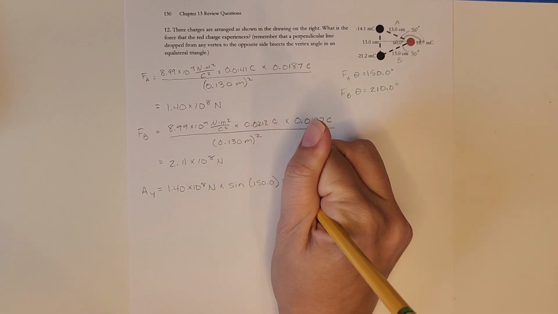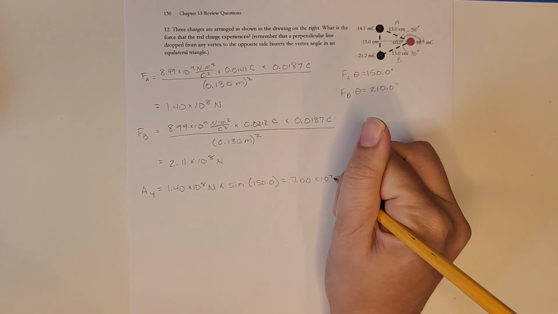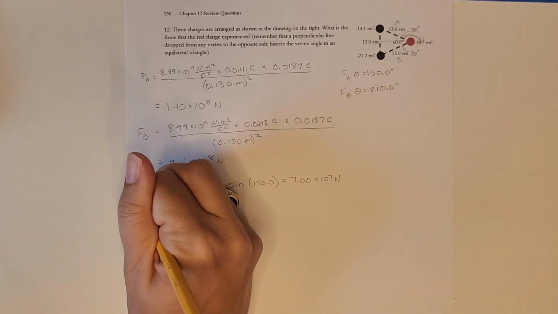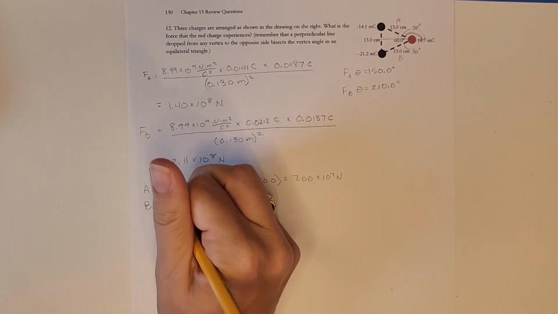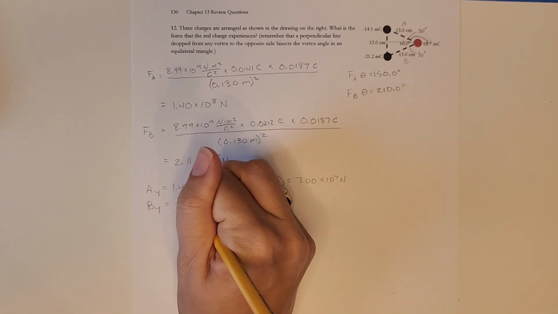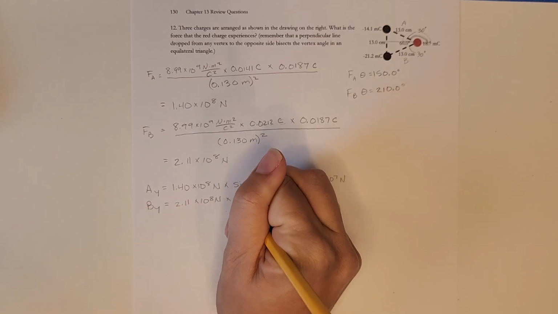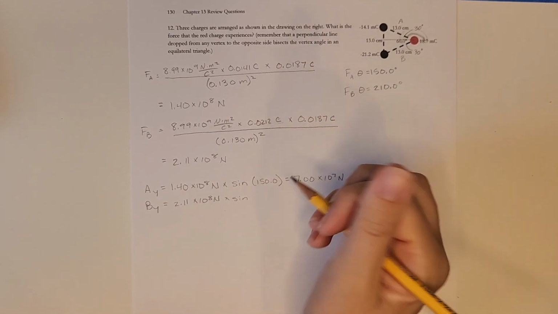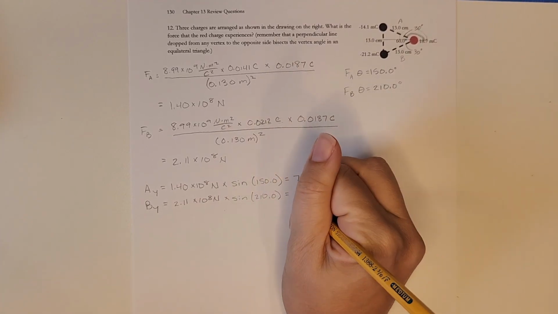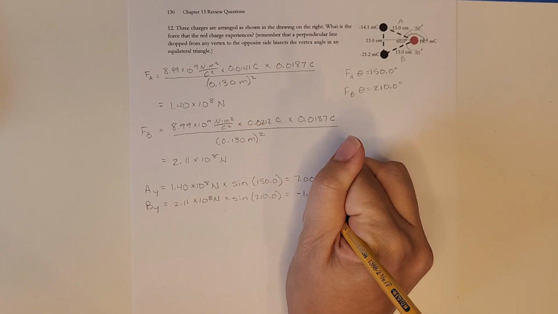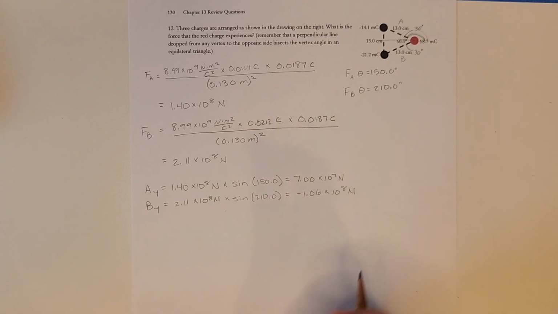And we get 7.00 times 10 to the 7th newtons. For B Y component, our force was 2.11 times 10 to the 8th newtons from above, times the sine, in this case of 210 degrees. And we get negative 1.06 times 10 to the 8th newtons.